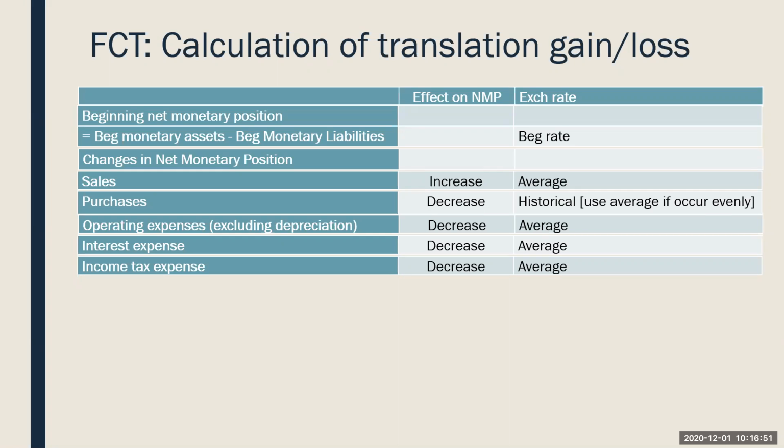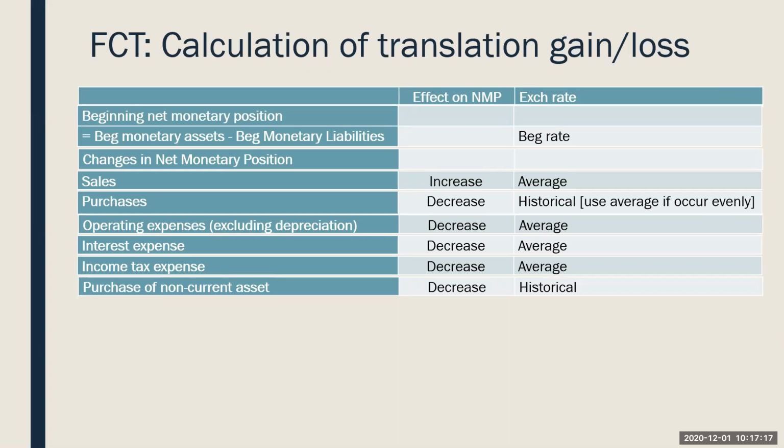This is why we use an average rate and not the closing rate for when the actual income tax expense might be calculated. Sometimes students make mistakes using the wrong rate because they think that the income tax expense is calculated at the end of the year, and hence the closing rate should be used. Use the average rate.